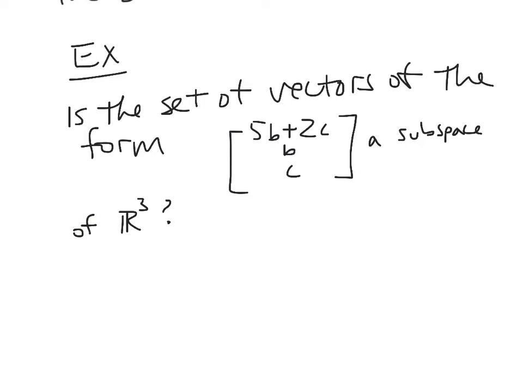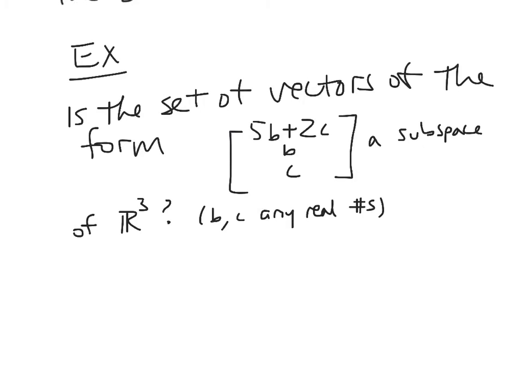This is where b and c are any possible number. So I want you to pause the video and think about, is this an example of a subspace? And then I'll show you the answer in just a second. So go ahead and try to figure it out, and then I will show you the answer.